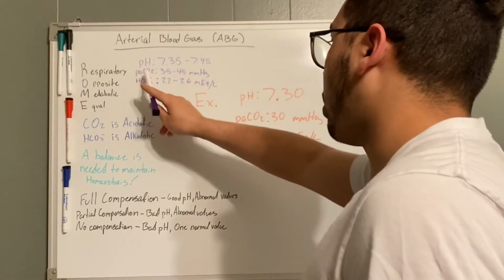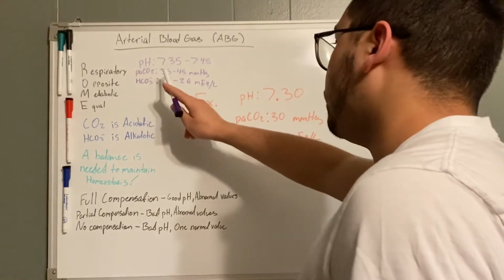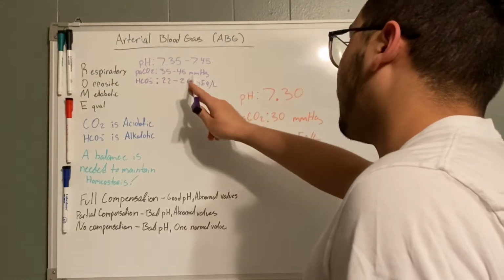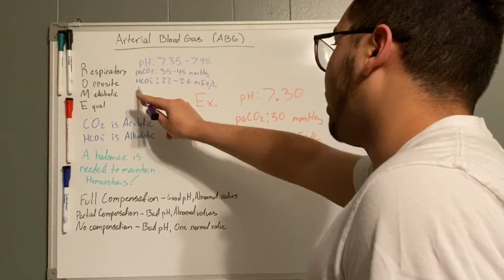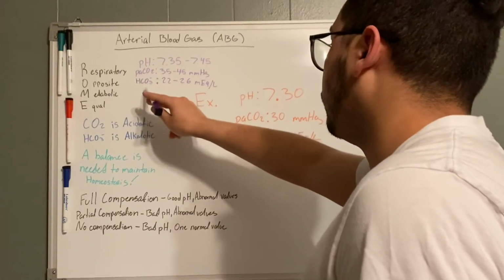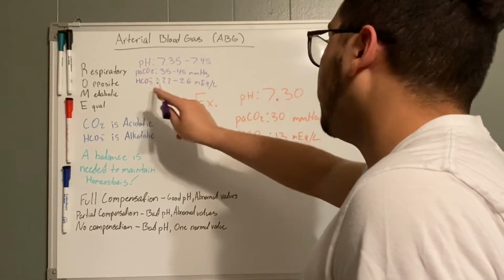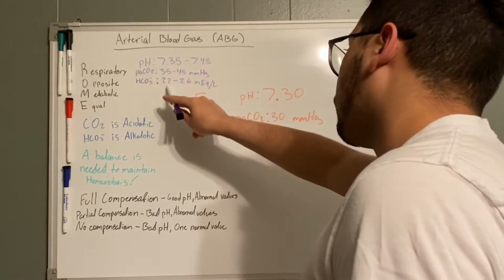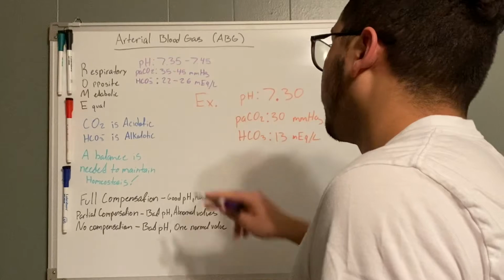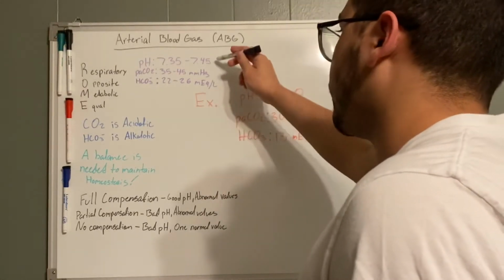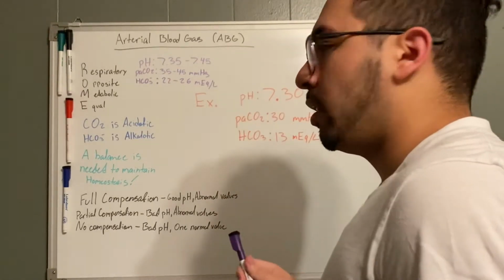Next, you have carbon dioxide. It needs to be between 35 to 45 millimeters of mercury. And after that, you have HCO3, which is bicarbonate. It has to be between 22 to 26 milliequivalents per liter. Those are the normal ranges for our ABGs.